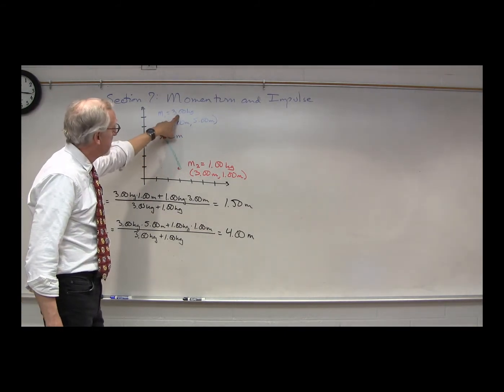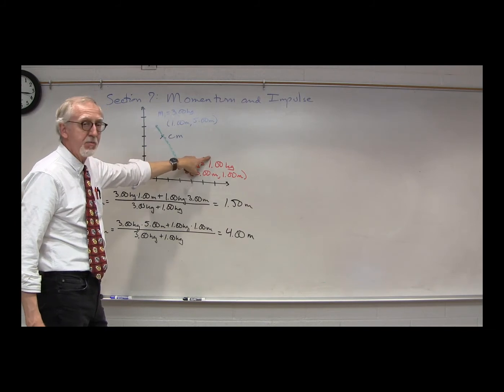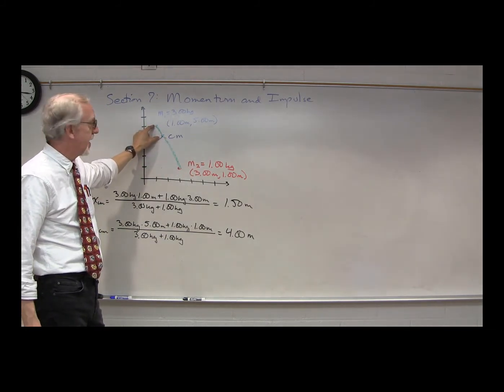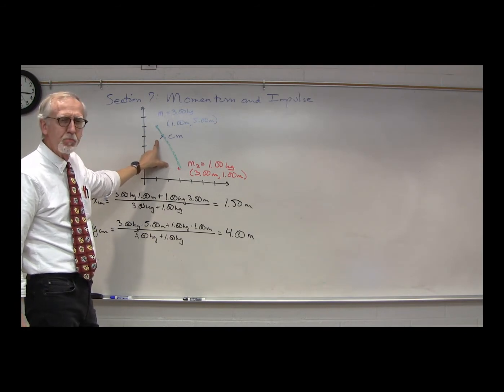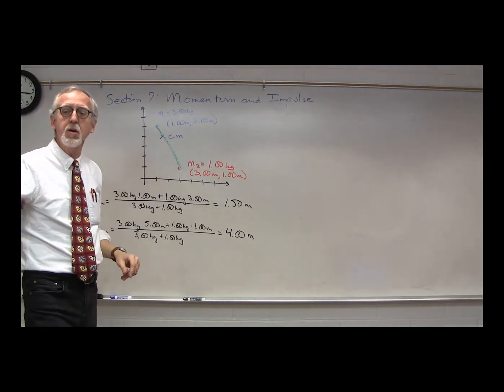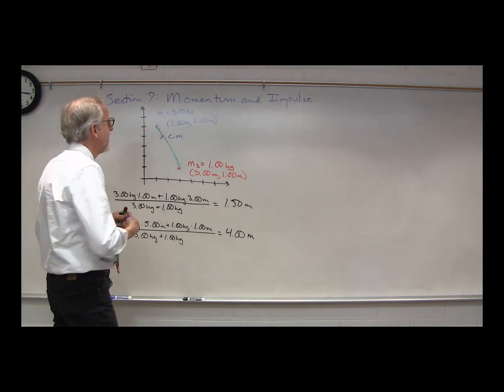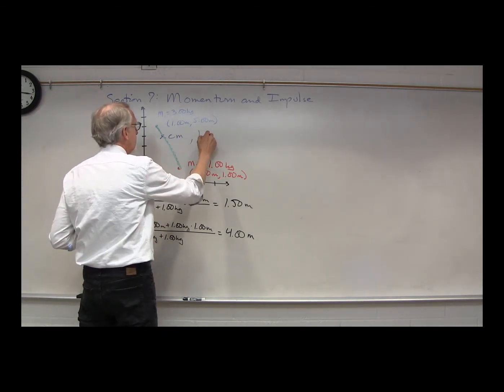In other words, the mass which is 3 times this one is 3 times closer to the center of mass than this one. It turns out, and we'll talk more about this later on, that we can think of the center of mass like a balance point.